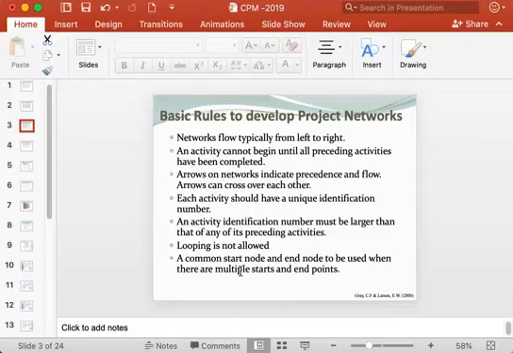In such a case, you must use a common start node and common end node or finish node.